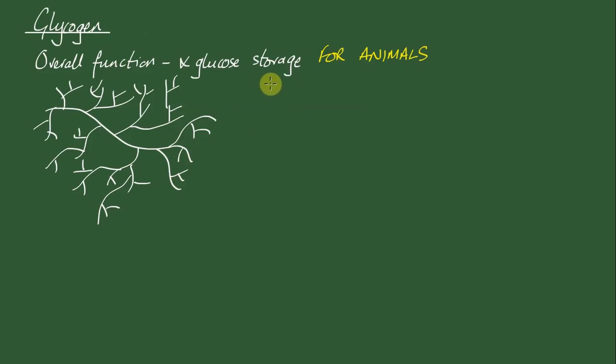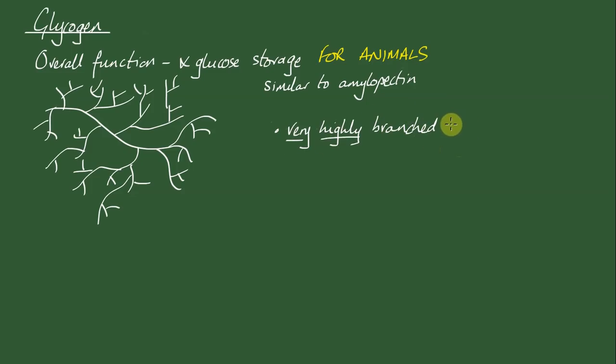Because clearly there are similarities. They are both branched molecules, except that obviously glycogen is very much more branched than amylopectin. And again, 1,4 and 1,6 glycosidic bonds are used between the alpha glucose molecules.